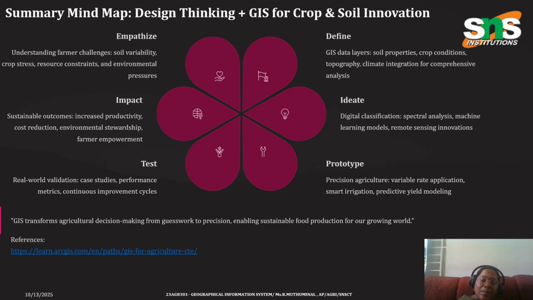After which we can develop a prototype where precision agriculture plays a major role using variable rate technology and smart irrigation. This could be tested in real world validation through case studies.